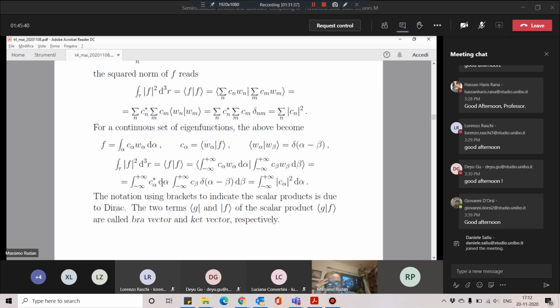The integral over the coordinates of the square modulus of f equals the integral over the parameter of the square modulus of the coefficient. You remember that it is not necessarily true that alpha is a single parameter.